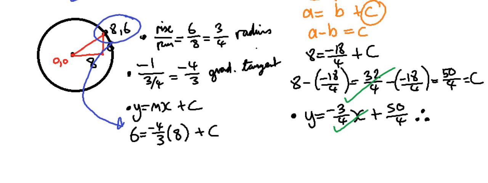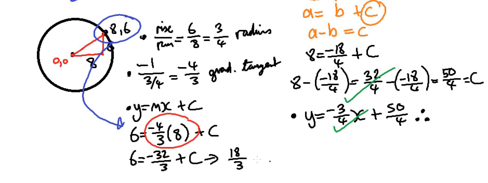Let's multiply out this bit to make the next step easier. So I've got 6 equals minus 4/3 times 8. So that's minus 32 over 3, plus c. How many thirds are there in 6? Well, there are 3/3 in each whole, so that's 18 over 3.